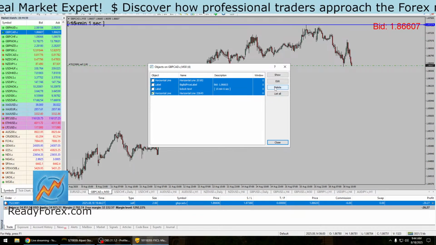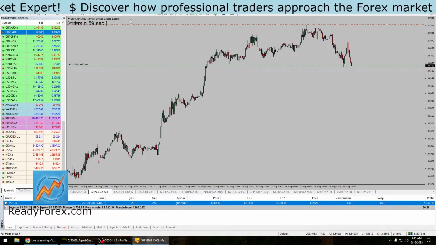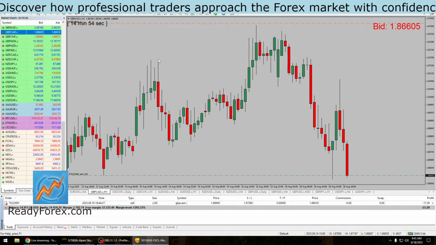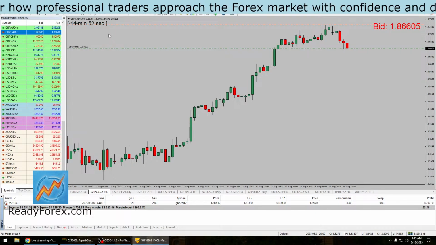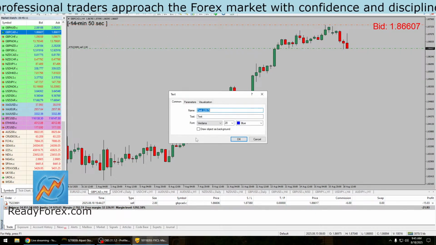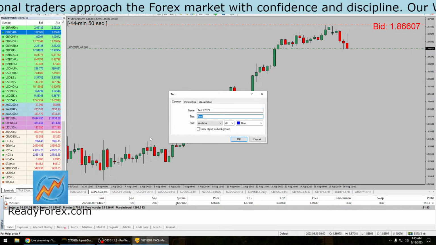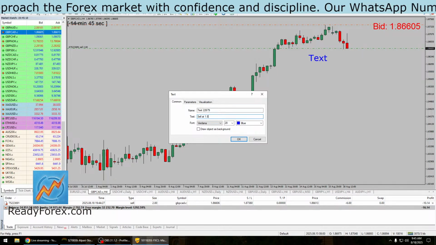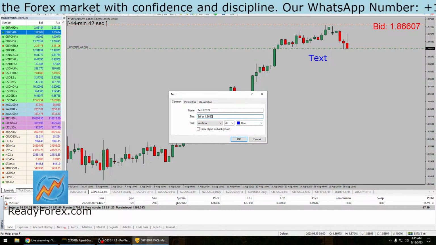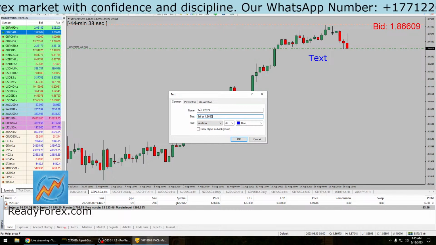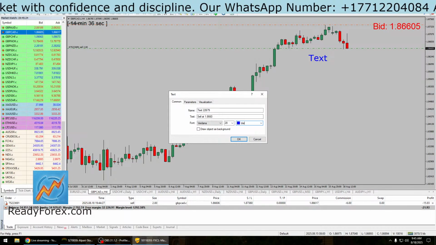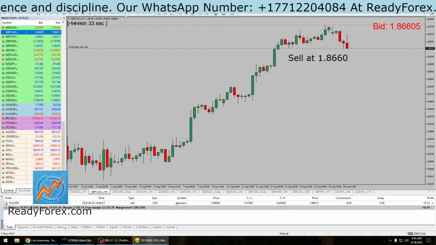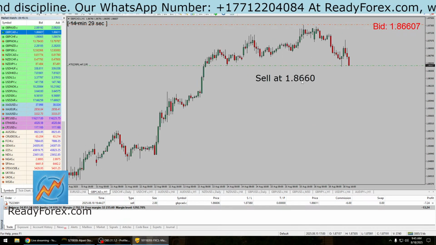I'm inside the market, and let's see how it goes. Sell at 1.8660, and I'm also going to write down the stop loss and take profit levels as well. Give me a minute over here.